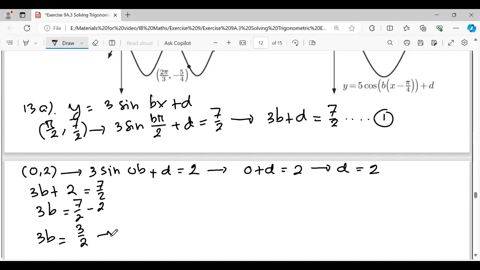So b equals half. So d already and b already as well.